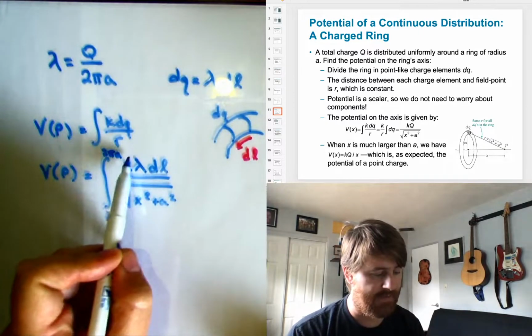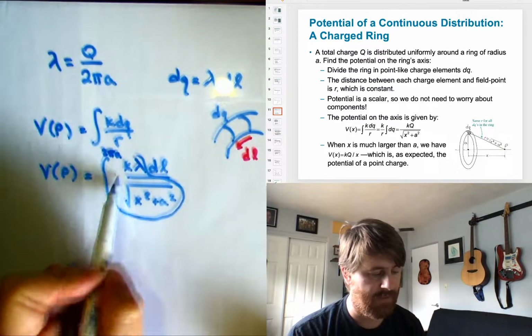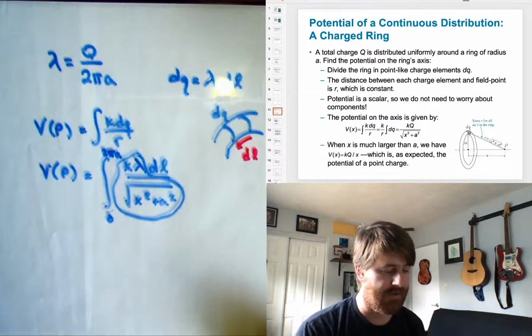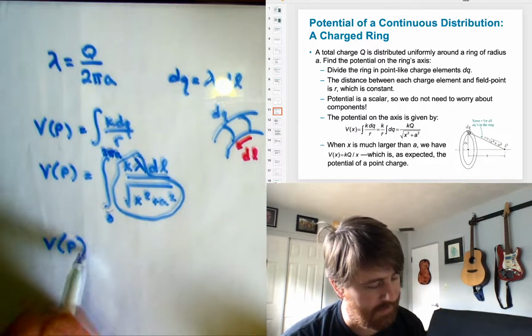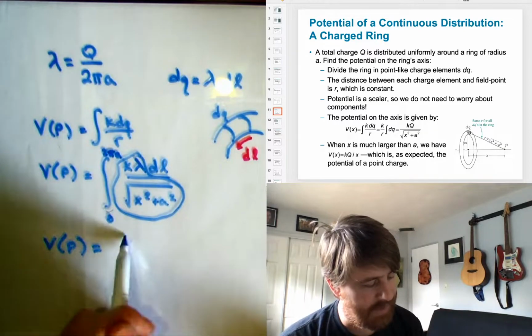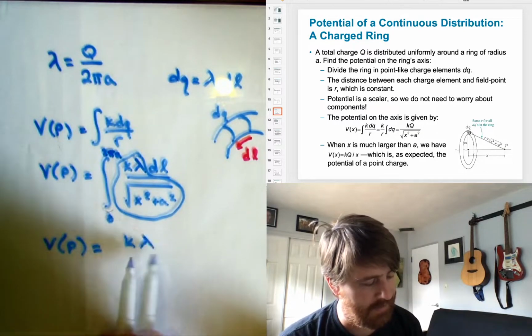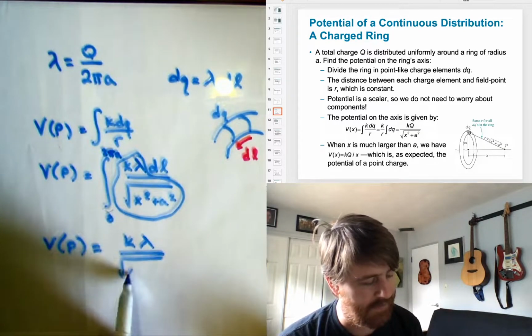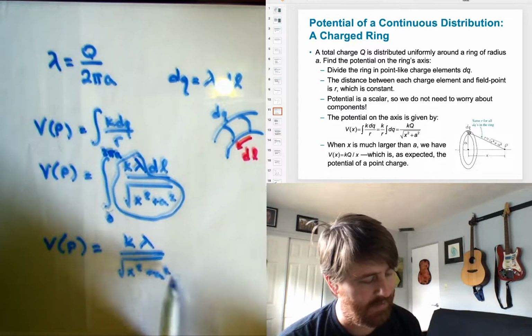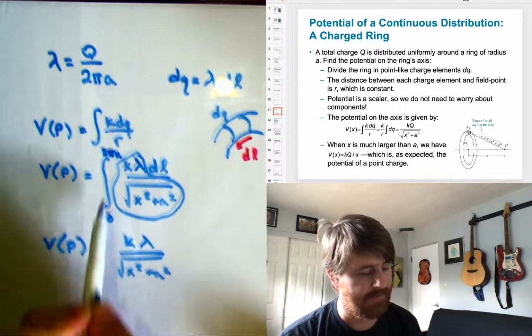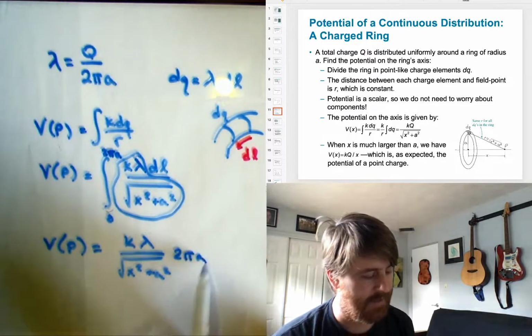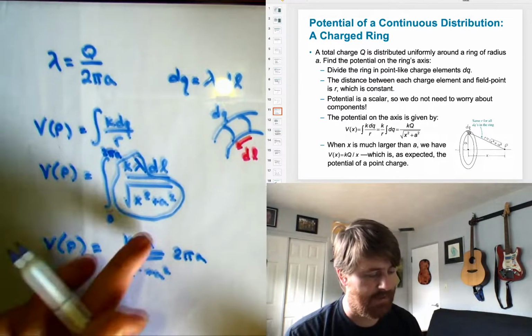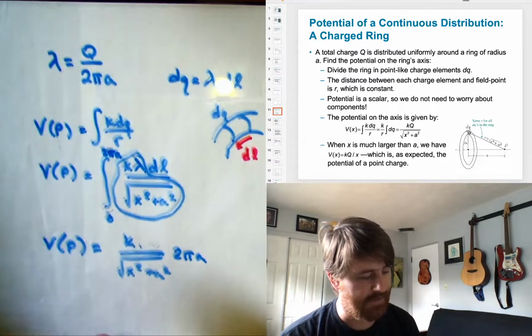All of these are constants. The only thing I'm integrating here is dl. So I'm left with V of P is K lambda over the square root of x squared plus a squared, and I integrate dl from 0 to 2 pi a. I get 2 pi a. Now we can plug in our charge density lambda.